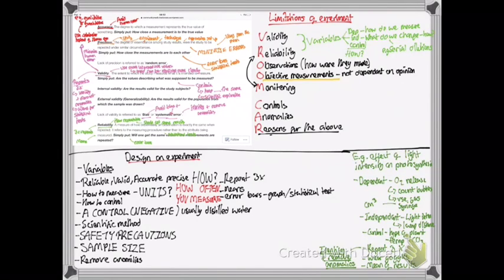Okay, so finally let's look at how to design an experiment. So a question might tell you, design an experiment to measure blah blah blah. I can't think of a good example. I'll look at one later. So you need to design an experiment. So what are you going to do?